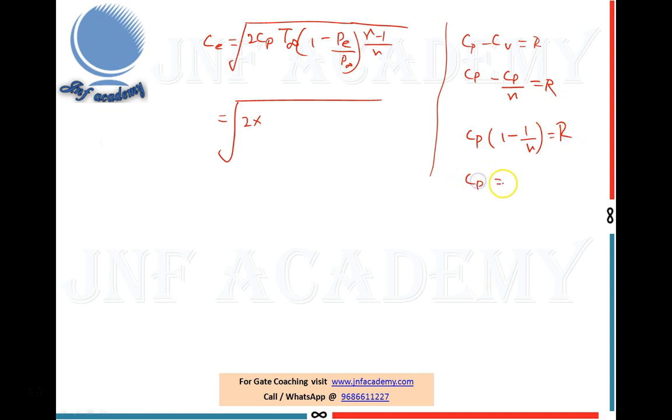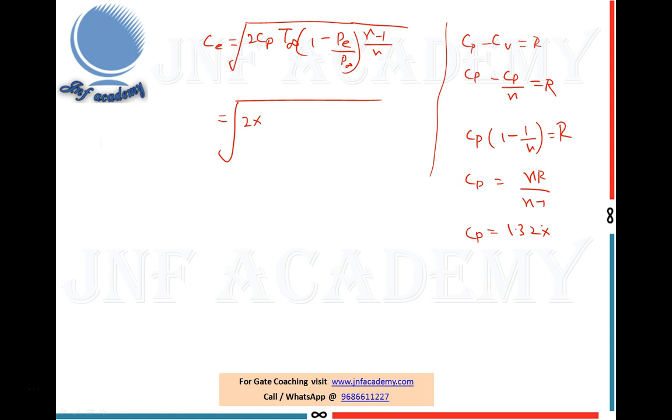Now Cp is equal to gamma R by gamma minus 1, and gamma has been given as 1.32. That's what is given in the question, right? You should not use 1.4, okay? Into R, the value of R is also given in the question.